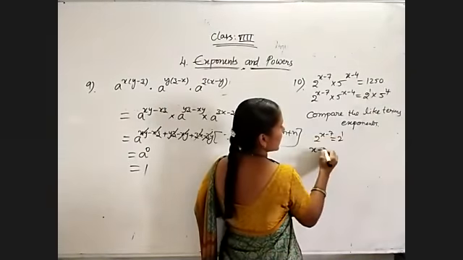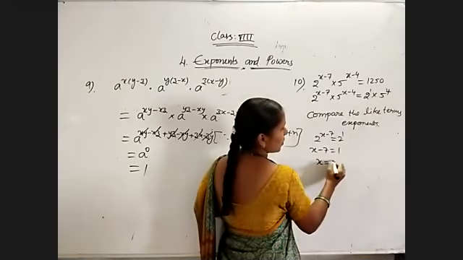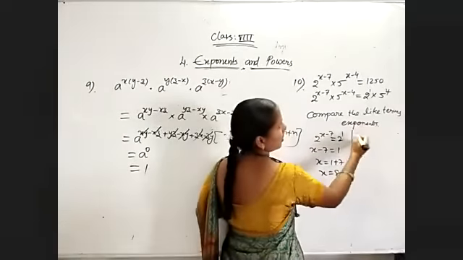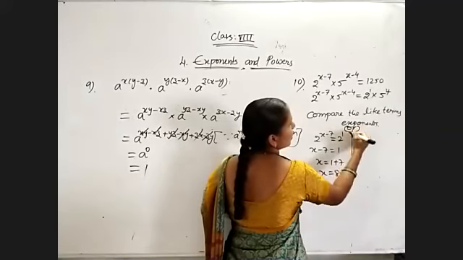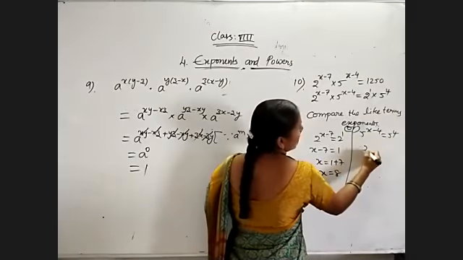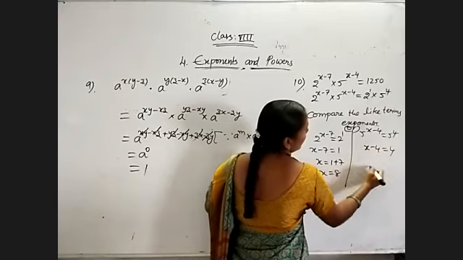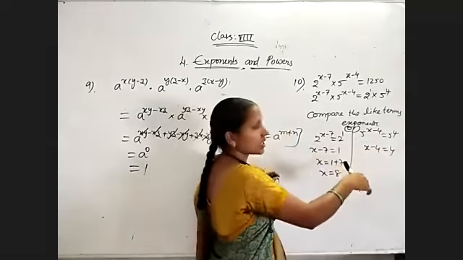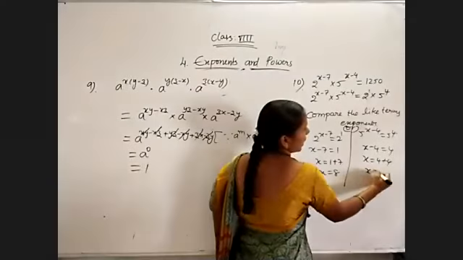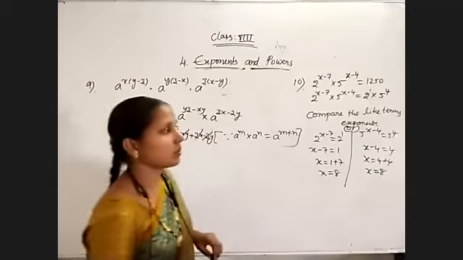That means x minus 7 is equal to 1, so x is equal to 1 plus 7, which is equal to 8. Otherwise, 5 to the power of x minus 4 is equal to 5 power 4. Then x minus 4 will be equal to 4, because bases are equal, exponents also equal. So x is equal to 4 plus 4, which is equal to 8. Compare any one term. That's all.